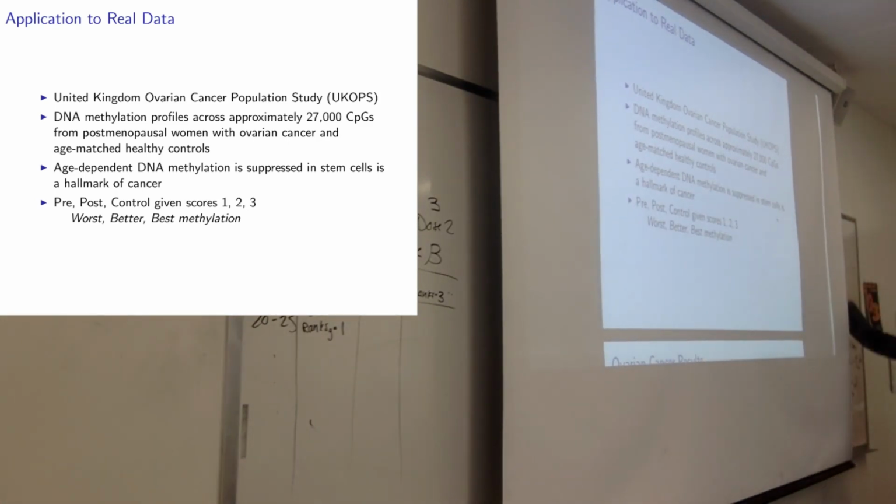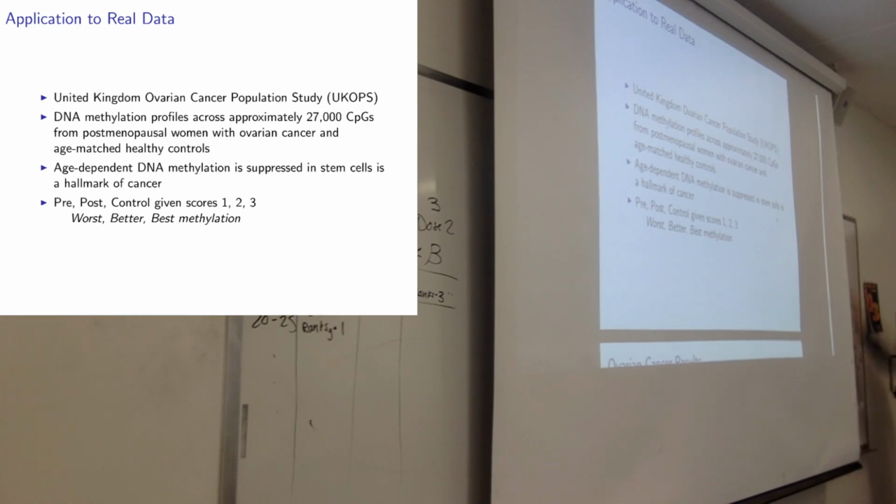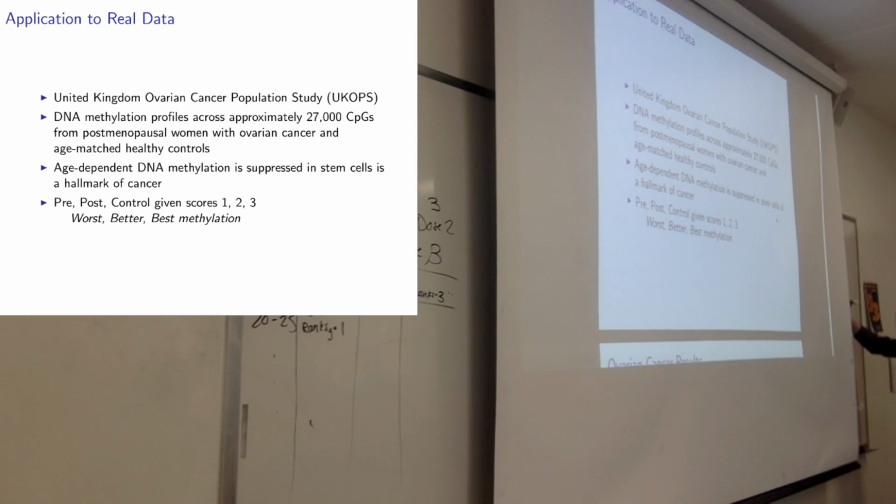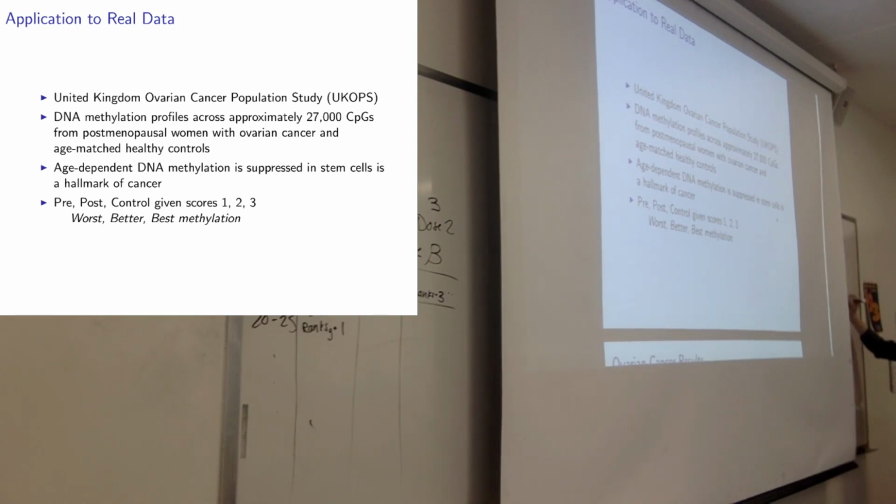So pre-post control, at first it's not intuitive the way that they're ordering them. The way that they're ordering them is pre-treatment, post-treatment, and then control. The way that I first thought about it, I expected it to be control, pre, post. But the reason that it's scored 1, 2, 3 is that if a woman has ovarian cancer and they haven't been treated yet, you expect them to have the worst type of methylation control.